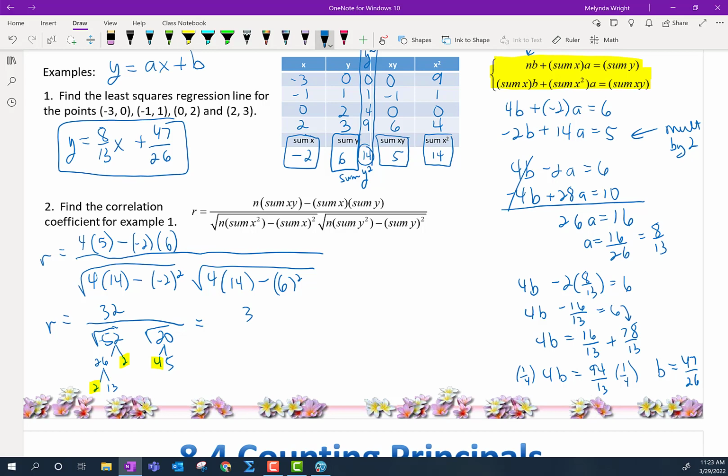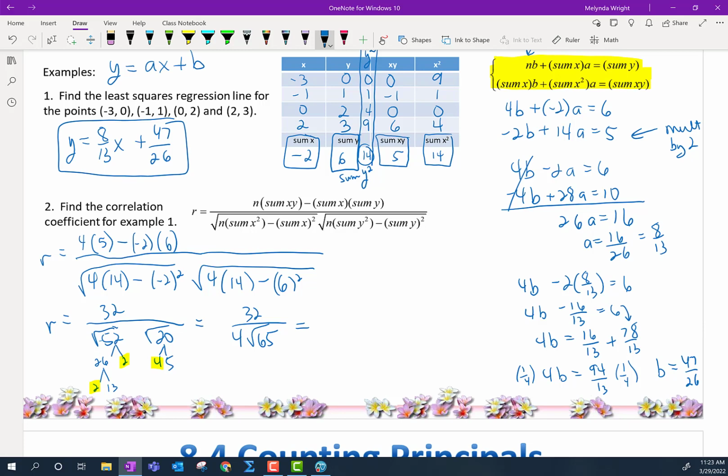So my final answer, well, the next reduced radical, I would have the 13 times the 5 left underneath the radical, which is 65, and then the 2 squared and the 2 squared, which is 4, left out, which would be 4.